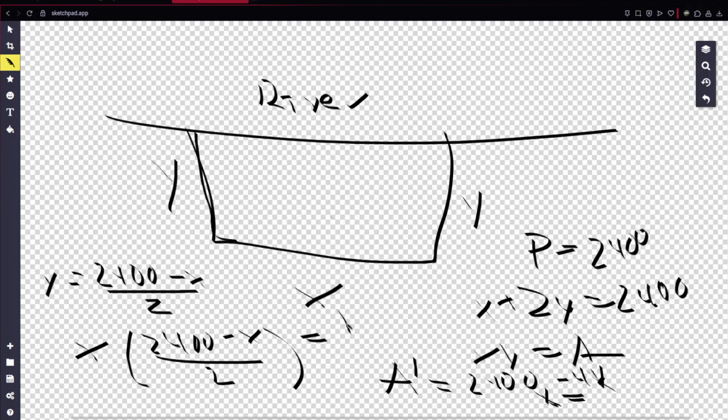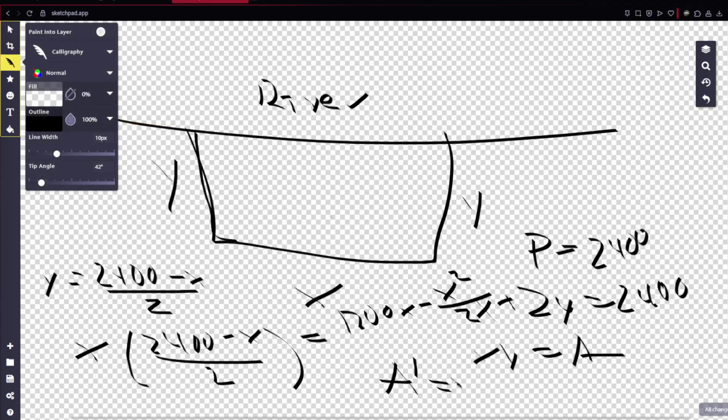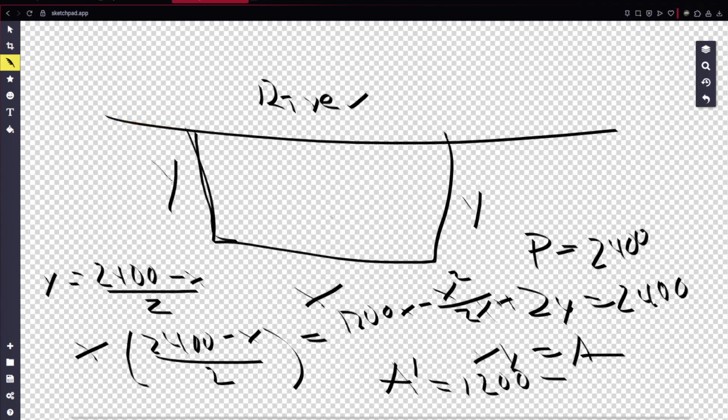Okay, so that is equal to 1200x minus x squared over 2, and differentiating it, we get a different equation. So 1200 minus just x. So that means x is equal to 1200, which means that it's maximized when y is equal to 600.